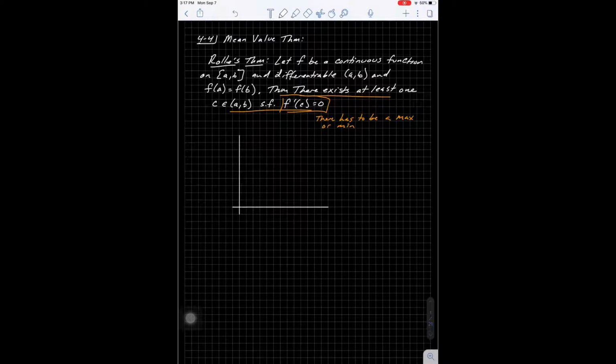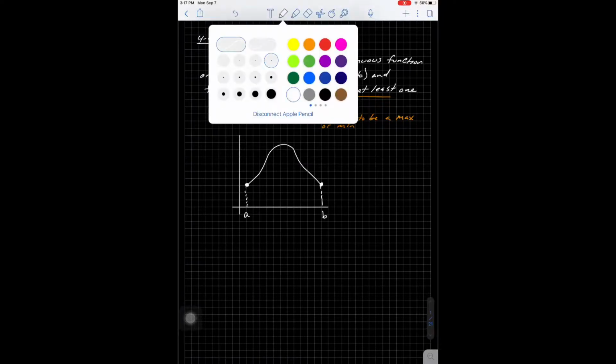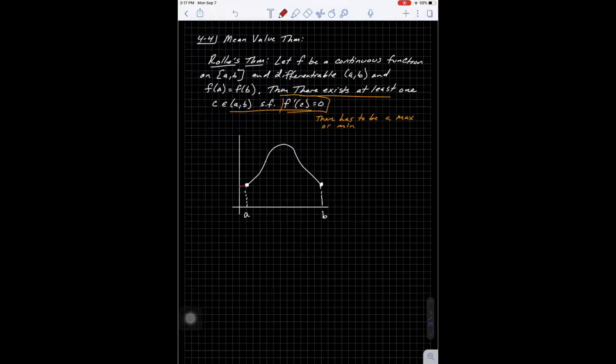We've got a function that does something. We know it's continuous. We also know it's differentiable everywhere on the interval, so nothing weird happening in the middle. And we also can see that the value of f of a equals f of b. The endpoints start and end at the same place.